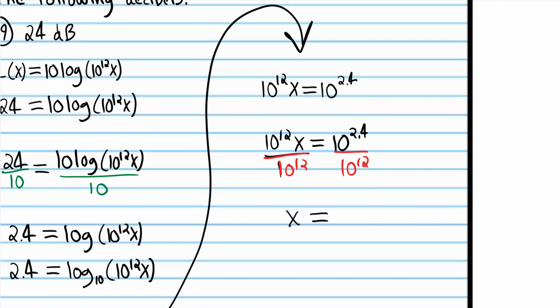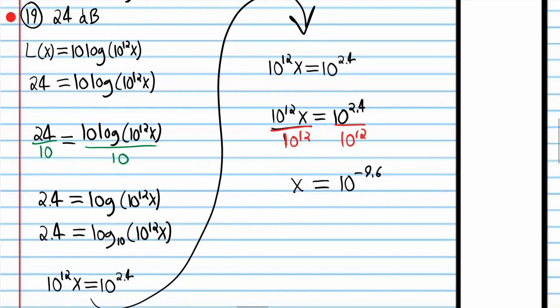And then we have x is equal to, and remember when you're dividing powers, you just subtract the exponents. So what is 2.4 minus 12? Well, that's negative 9.6. So 10 to the negative 9.6.